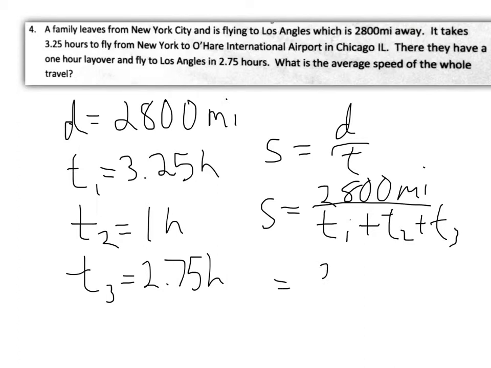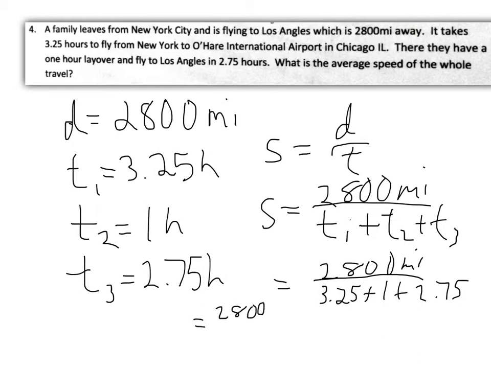So 2,800 miles over 3.25 plus 1 hour plus 2.75, and that gives us a total time of 7 hours.